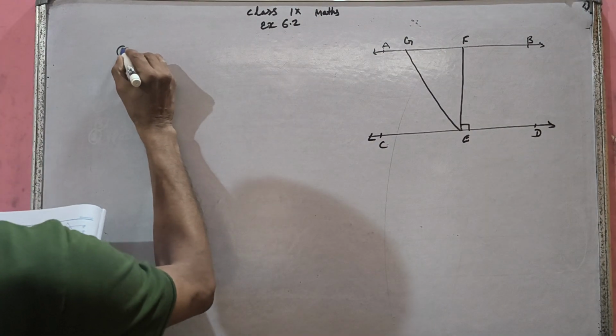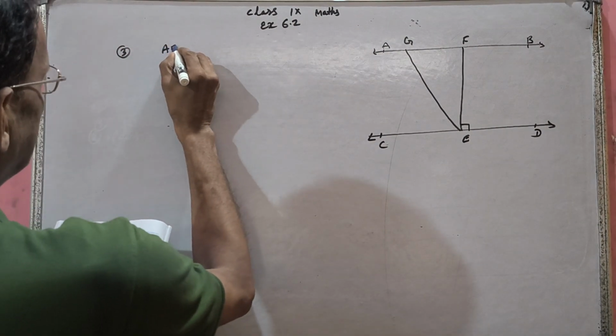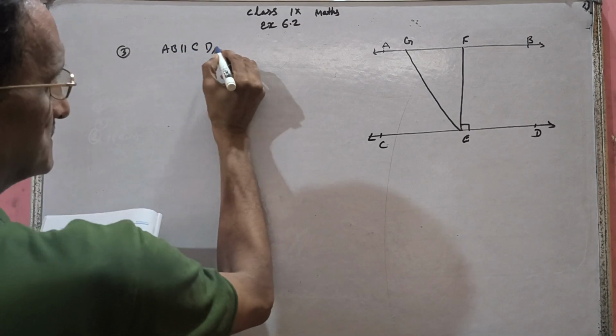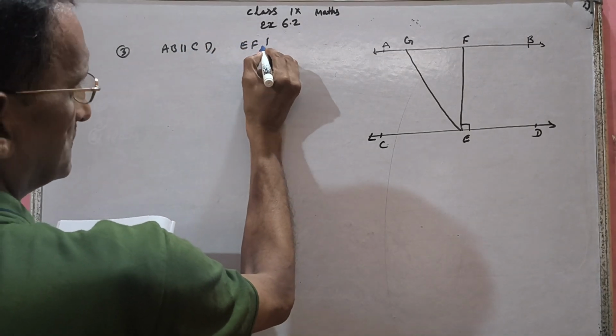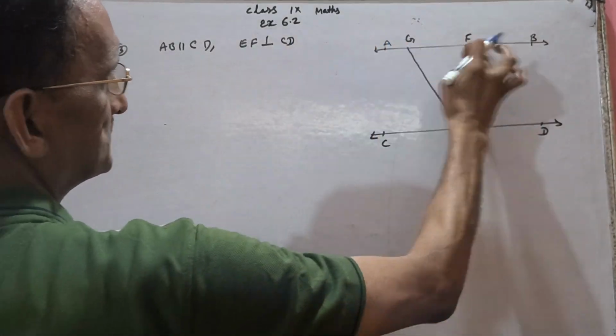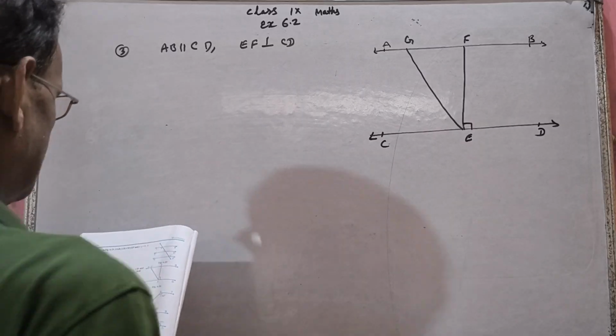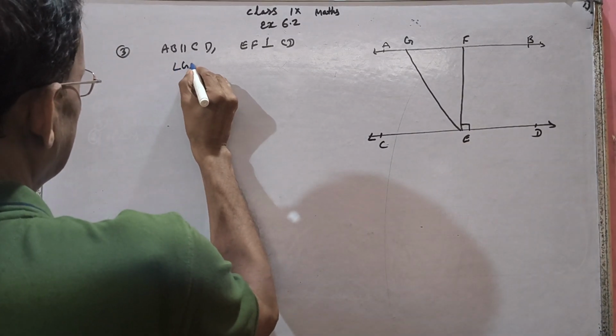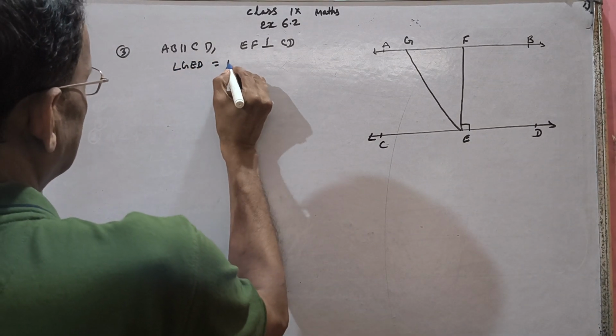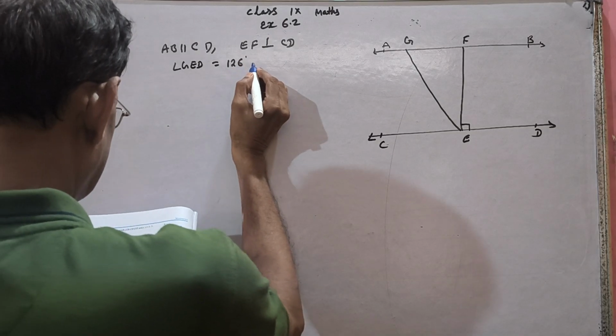Number 3. AB parallel CD is given, EF perpendicular CD is given, angle GED is given 126 degree.